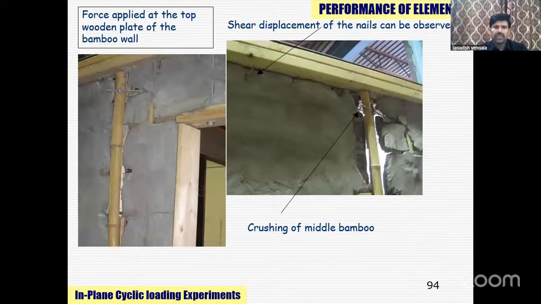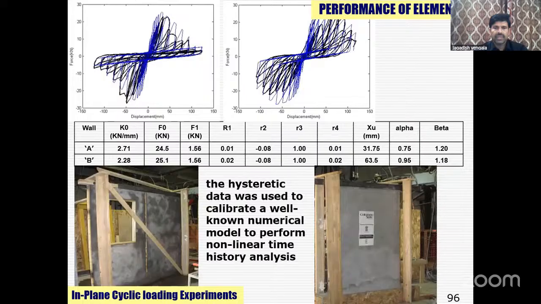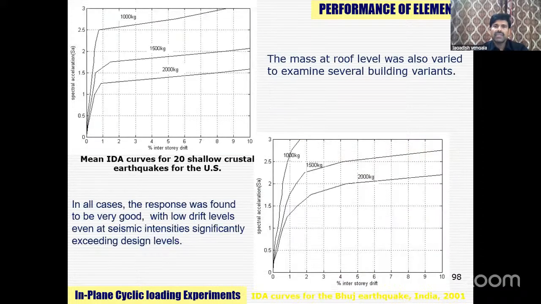So we have observed few, you can see these are the cyclic load experiments. Okay. So by taking these values, we have numerically modeled the houses by giving the earthquake forces, wherein these houses are able to handle or able to take earthquake forces very well.